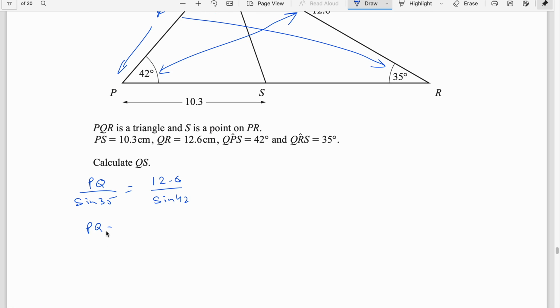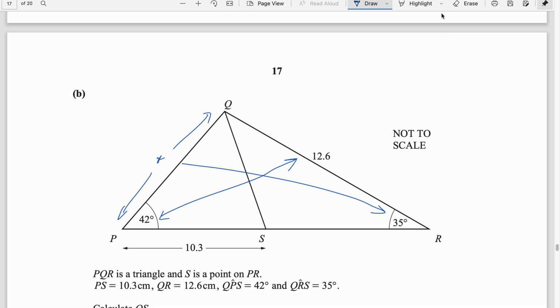So PQ is equal to 12.6 by sine 42 times sine 35. PQ comes out to be 10.8 centimeters.